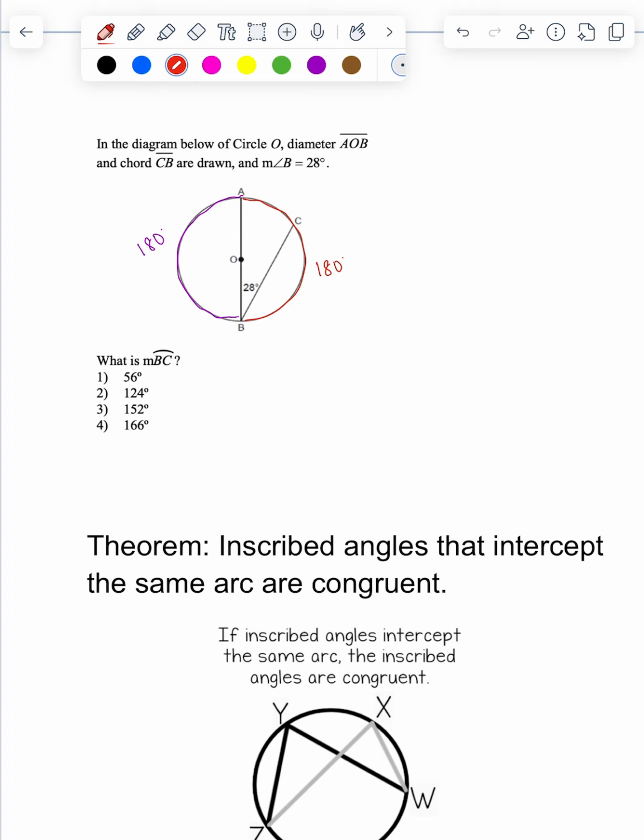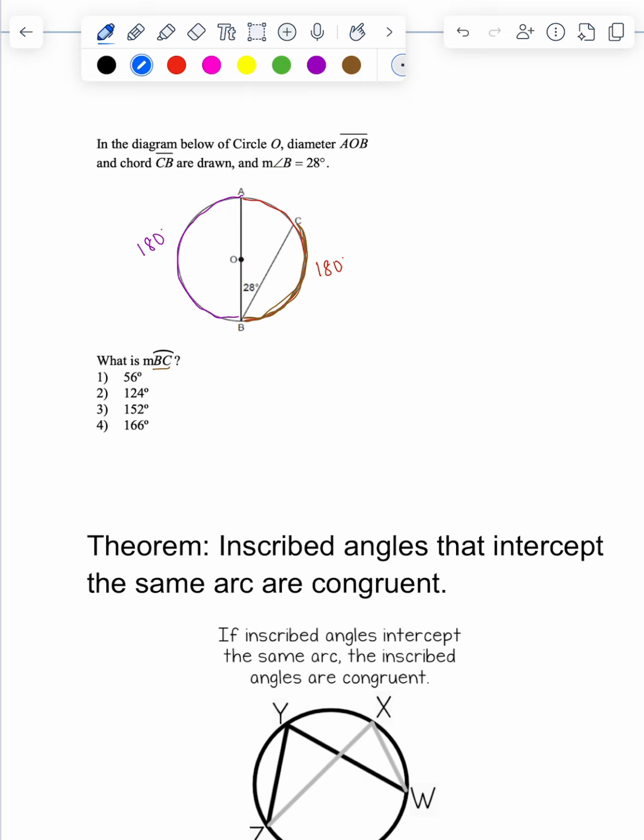We are looking for the measurement of arc BC. So I'm going to highlight that. Arc BC, and I'm going to do that in brown, is this piece of the 180. So in order to figure out what that is, I first need to find arc AC.